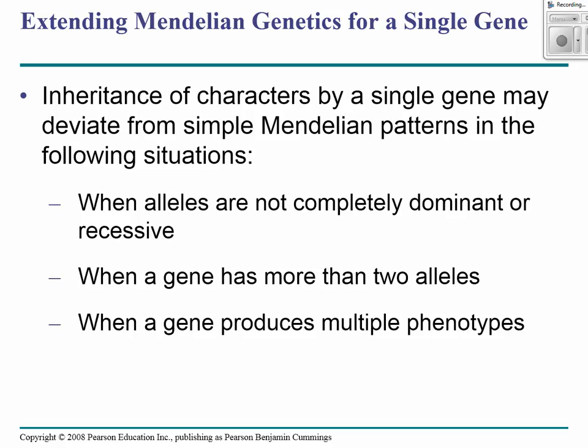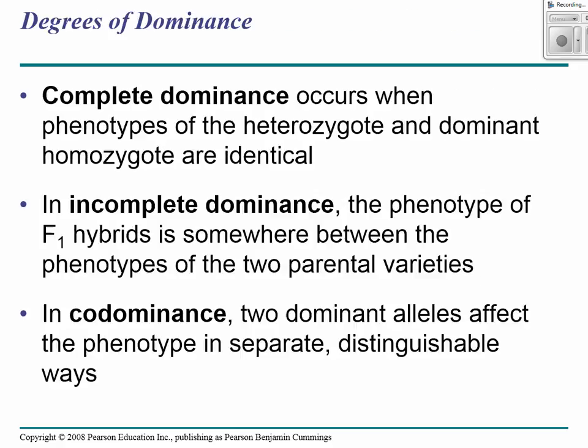So maybe we had a black gene and a white gene for cat fur, and when they're both expressed, maybe it's a gray color, or maybe it's a spotted cat. And that goes over both of those.